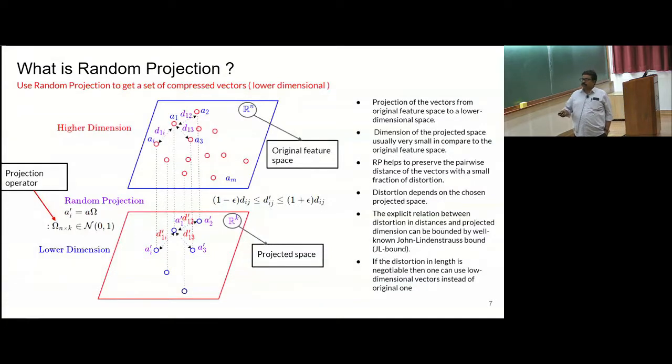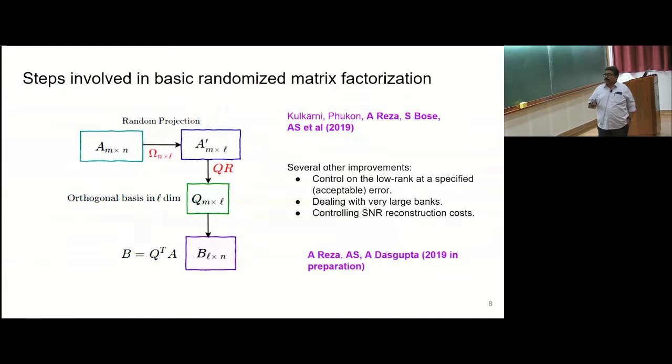And these projection operators are just vectors drawn from, this is one example, but there can be several ways of constructing these projection operators. And they have these nice properties that their distortions can be controlled by choosing what dimensional space you want, and that pairwise distances are preserved to reasonably good accuracy.